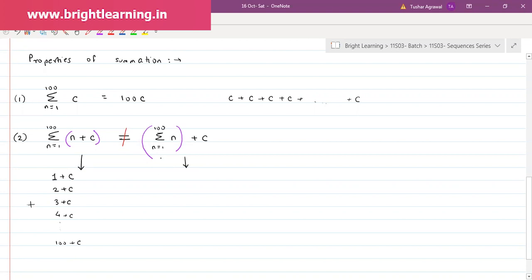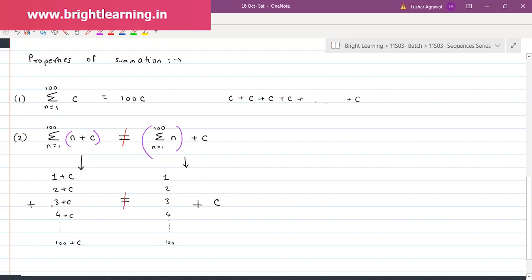The first is the summation of n, in one bracket: the first term is 1, the second term is 2, the third term is 3, the fourth term is 4, and so on up to 100, and a separate addition of c. Got it? So these are definitely unequal.